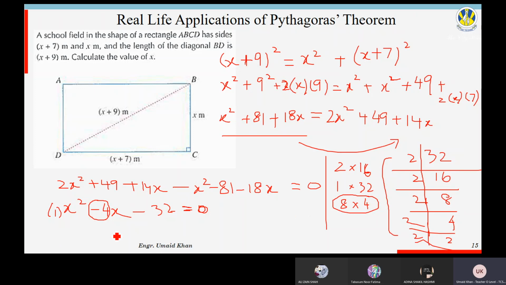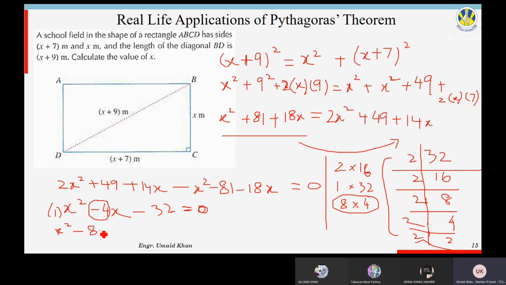Now I have to make minus 4 from 8 and 4. So what will be the sign of 8? It will be minus, right? Yes, sir, because if the 8 has a plus sign, 8 minus 4 will become positive 4. Yes, the bigger number should have a negative value.